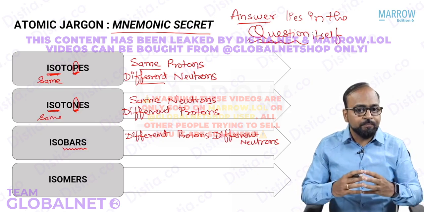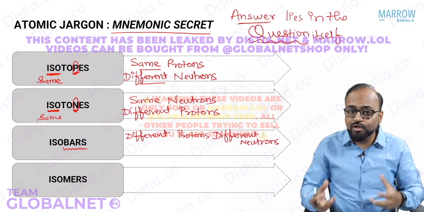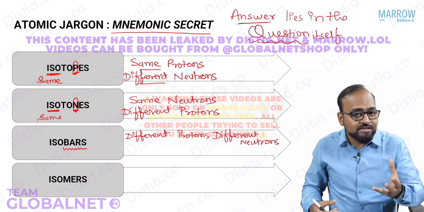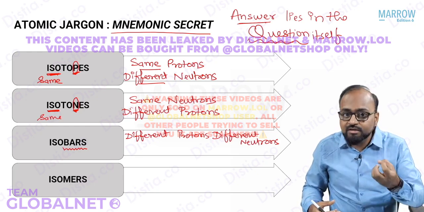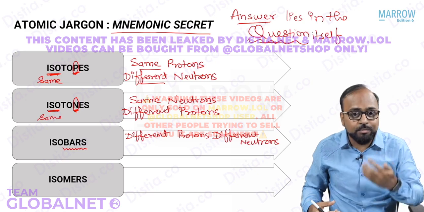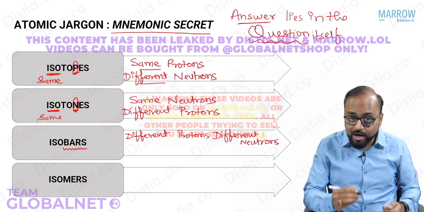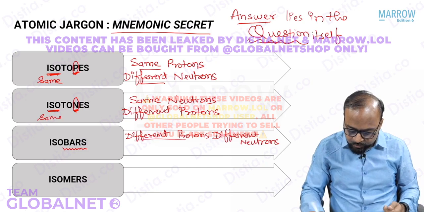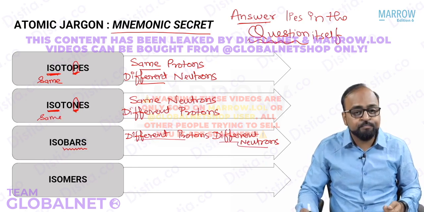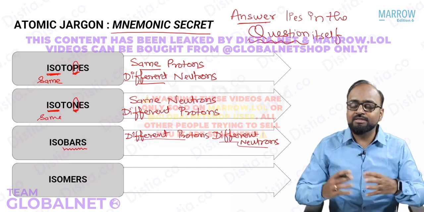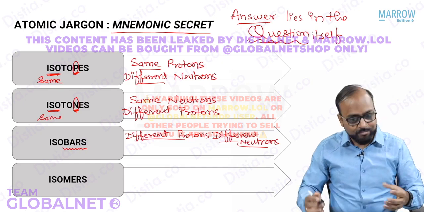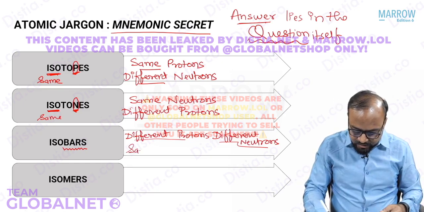If you add them up, that becomes the total number of nucleons. And what is this term called in atomic physics? This is called the atomic mass number. So though isobars have different number of protons, different number of neutrons, if you add them up, their sum is always the same. That is, they have the same atomic mass number.